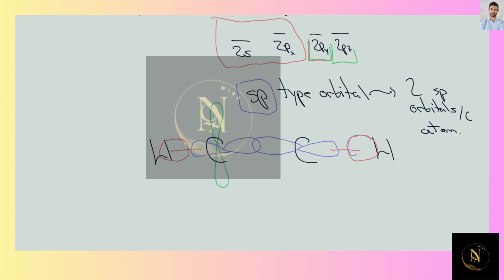We're going to have the 2pz interaction over here, generating a pi bond. The purple one is going to be a sigma bond.